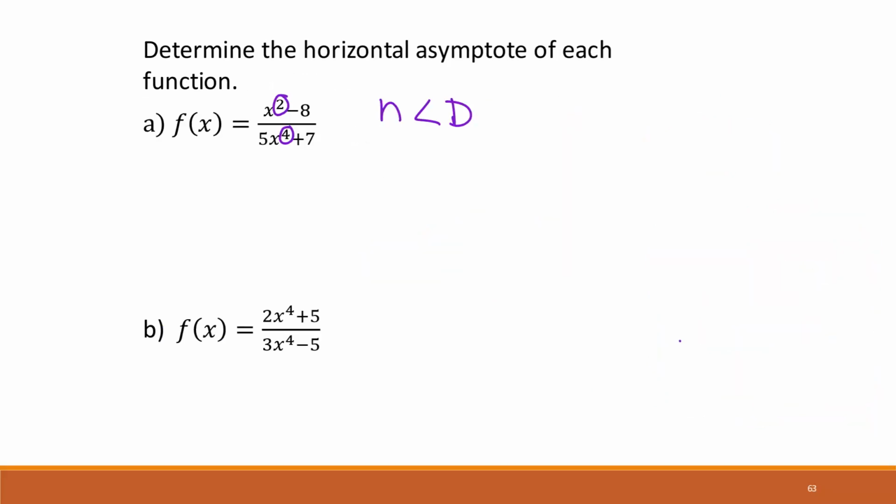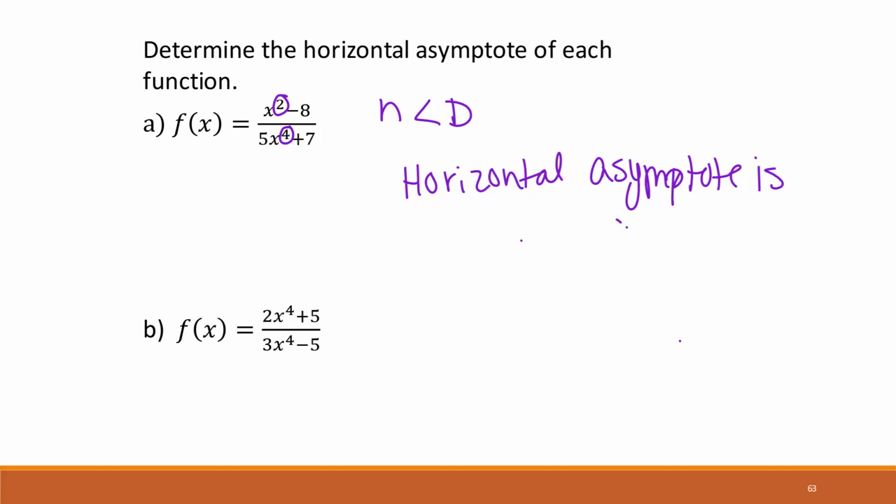So here, your horizontal asymptote is y equals 0. Then on this one, they're the same.